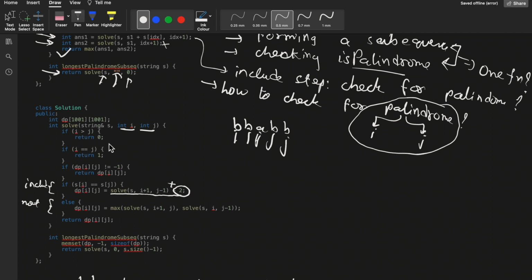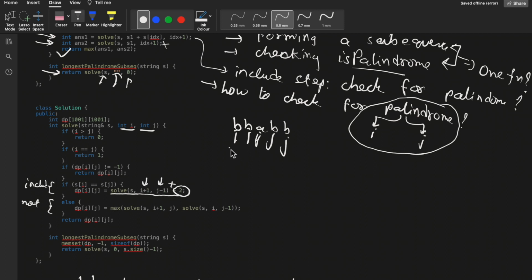At the end, we are not returning the size of a subsequence, because here we are not storing the subsequence. Instead, we are storing the length of a subsequence during the calculation. So if we find some characters i and j that both are equal, then yeah, we can include those characters, and if we include those characters, our length of subsequence will increase by 2. So yeah, we return 2 as our answer.